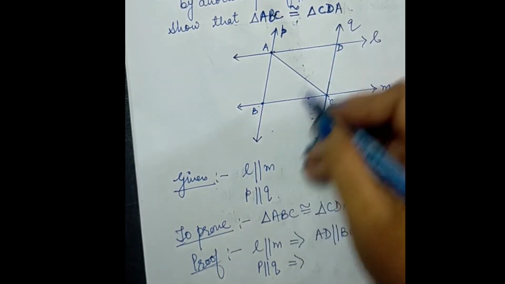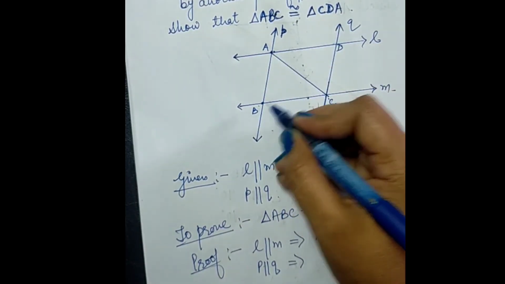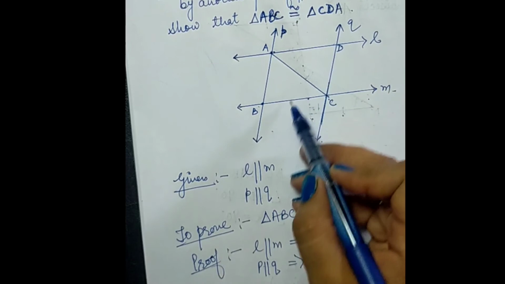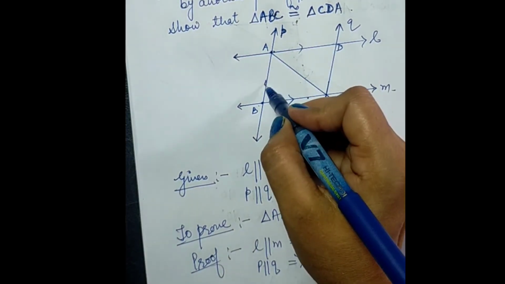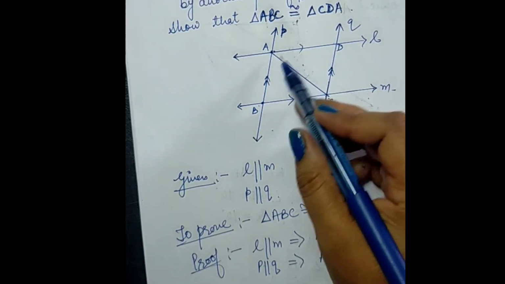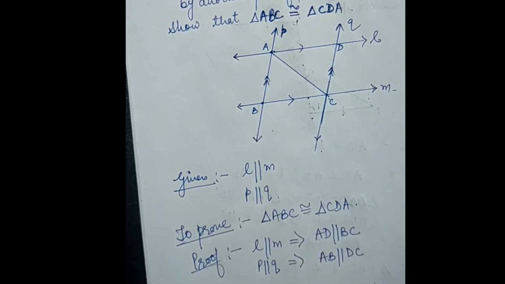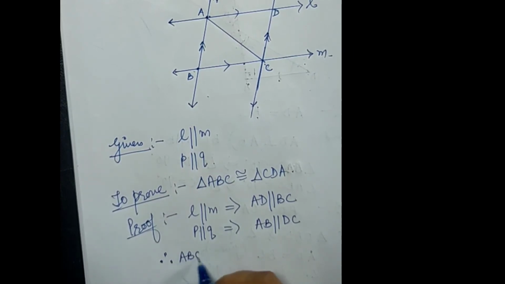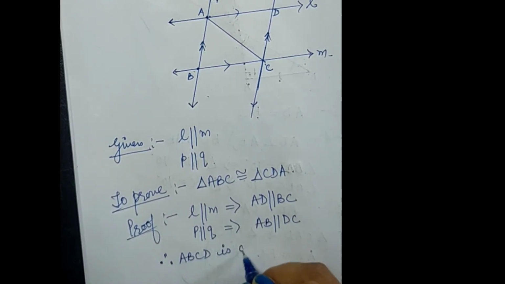If P is parallel to Q, we can write AB is parallel to DC. So now you can see, if in a quadrilateral both pairs of sides are parallel, then it becomes a parallelogram. Therefore, ABCD is a parallelogram.